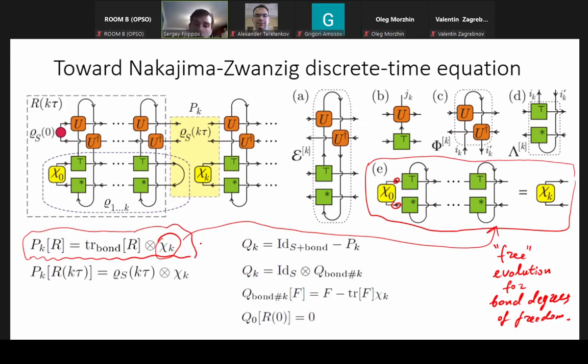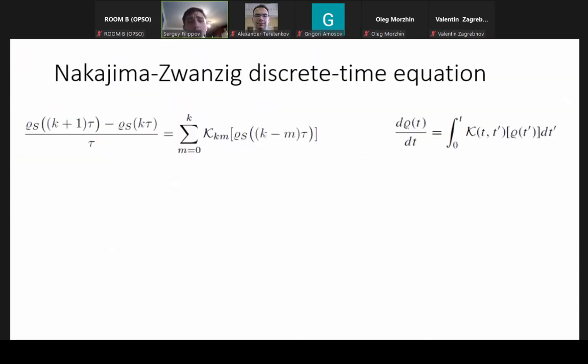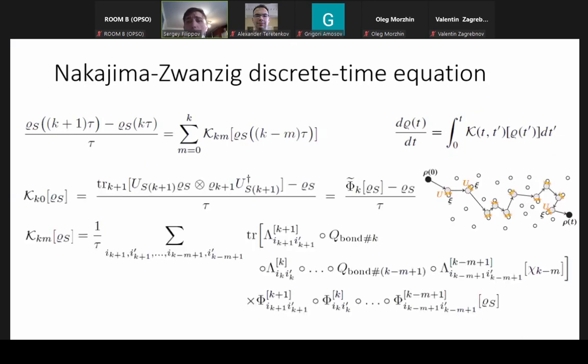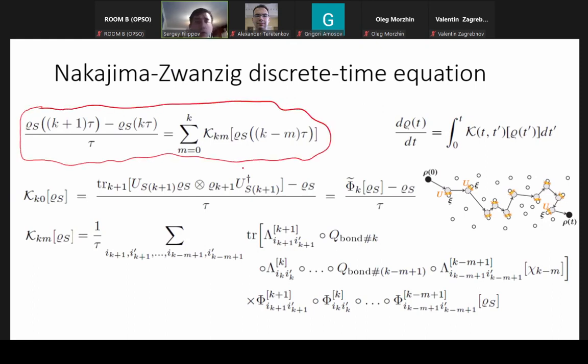And other constructions inside the derivation of the Nakajima-Zwanzig equation are the same, so I will skip the calculation. I will simply interpret the final result. We got a kind of discrete time version of the Nakajima-Zwanzig equation, which has a local contribution, which describes the latest interaction, and also has some memory effects, the memory kernel.